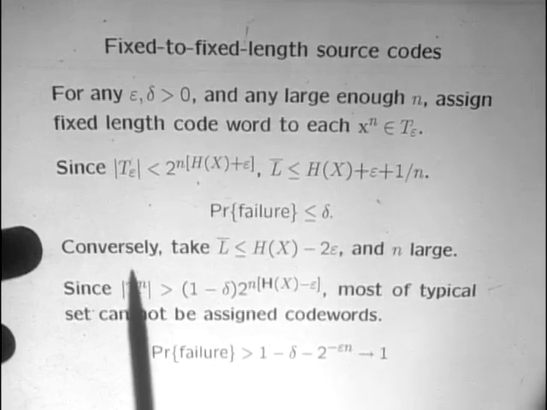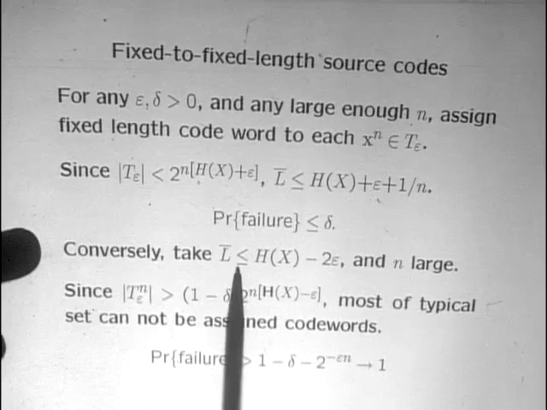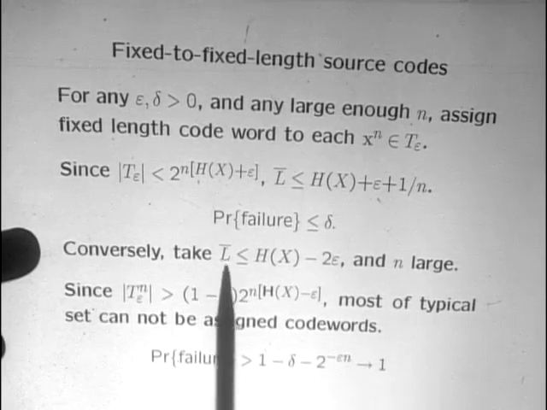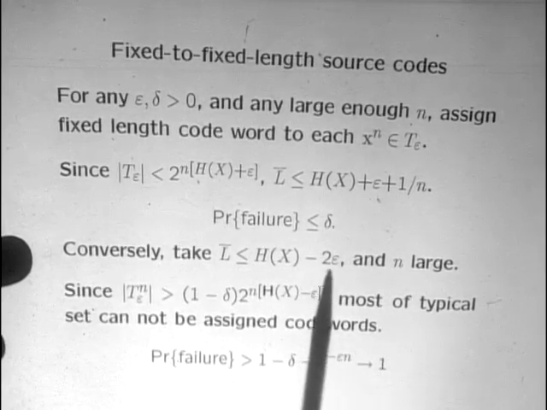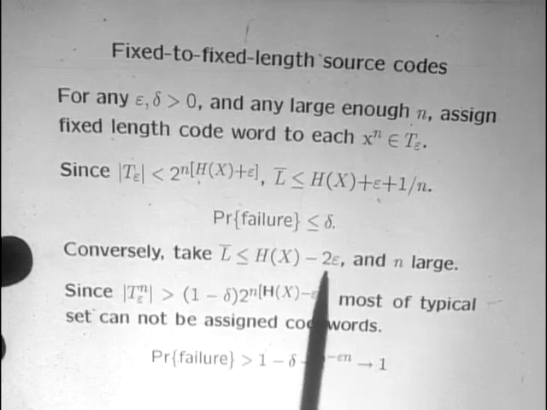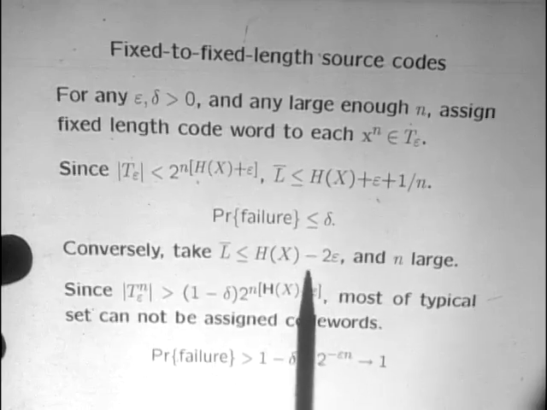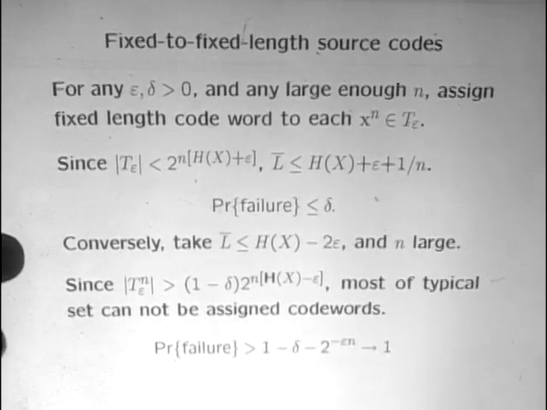Here's the more interesting story. Suppose I choose the number of bits per source symbol that I'm going to use to be less than or equal to the entropy minus 2 epsilon. Why 2 epsilon? Well, just wait a second. I mean 2 epsilon is small and epsilon is small. But I want to compare with this other epsilon in my law of large numbers.